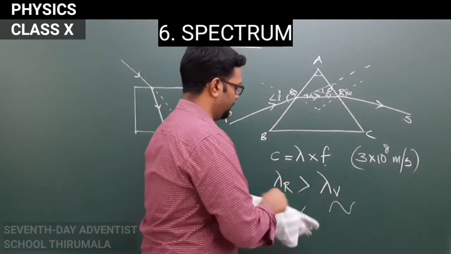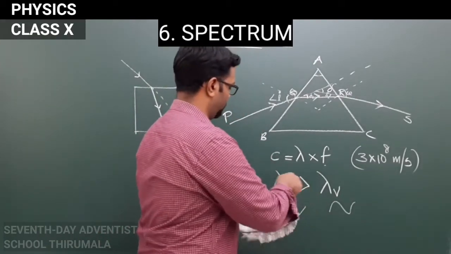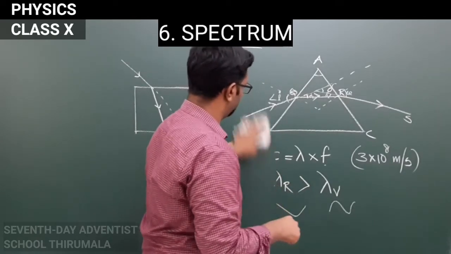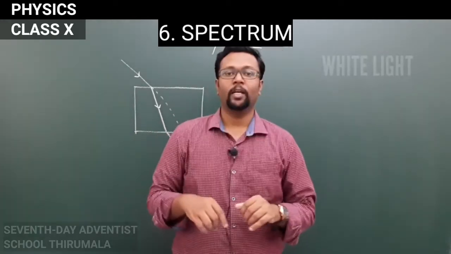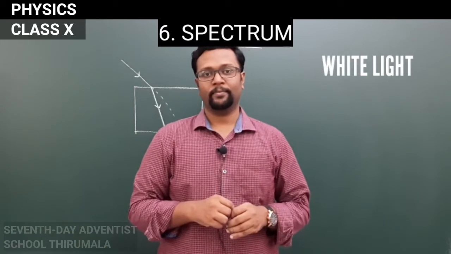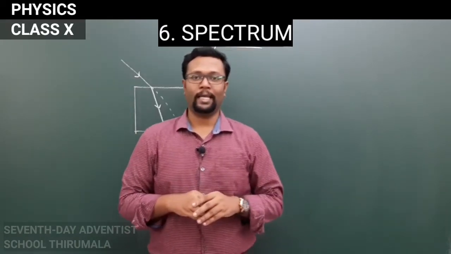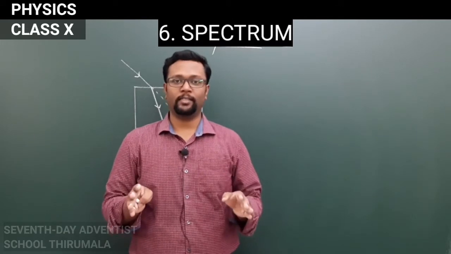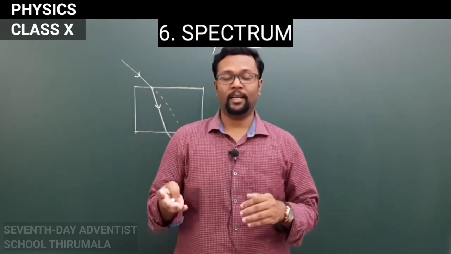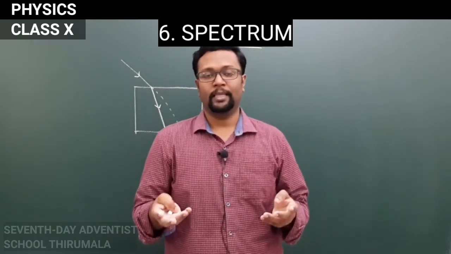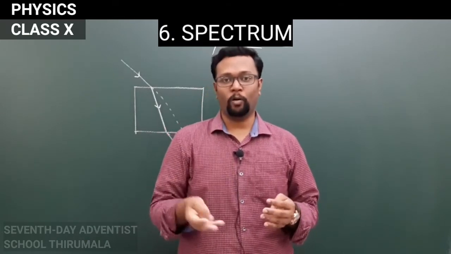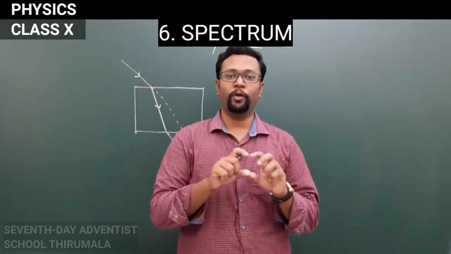So I am going to rub this figure. Okay, white light. In earlier days, physicists thought that white light is a homogeneous matter. They considered light to be matter at the time, and that it is uniform.